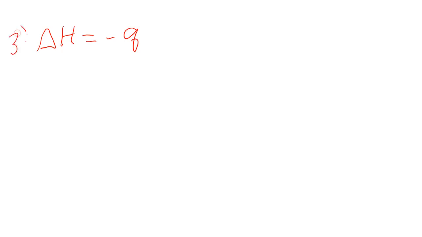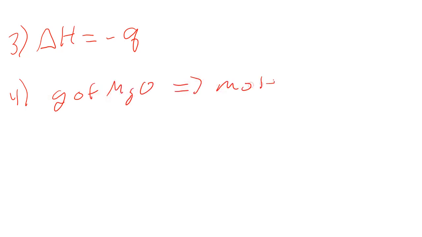In step 4, you're going to determine the moles of magnesium and magnesium oxide used. So you're going to convert your grams of magnesium oxide to moles, and you're going to do the same thing with magnesium.